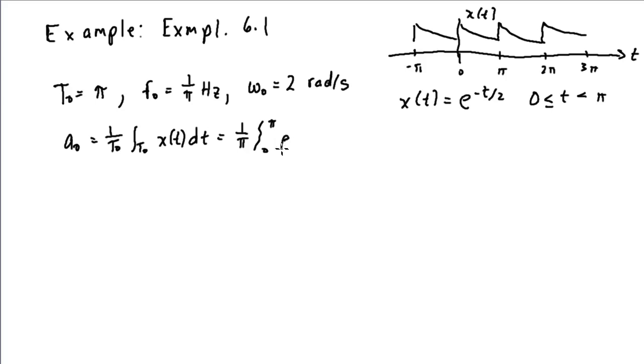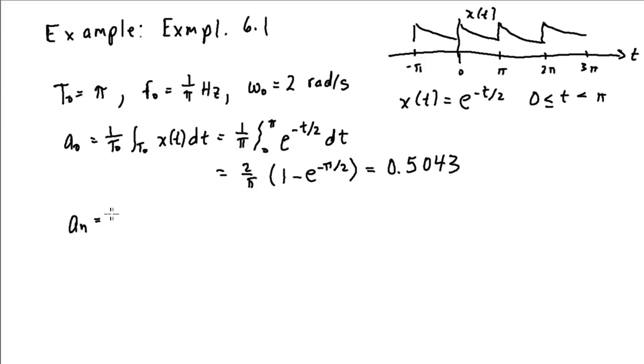In that interval, x of t is e to the minus t over 2 dt. I'll leave the details of that integration to you, but it turns out to be 2 over pi times 1 minus e to the minus pi over 2, which has a decimal approximation of 0.5043 for the average value of x of t. So if x of t were actually a voltage waveform, and we measured the voltage with a DC voltmeter, we'd measure about half a volt.